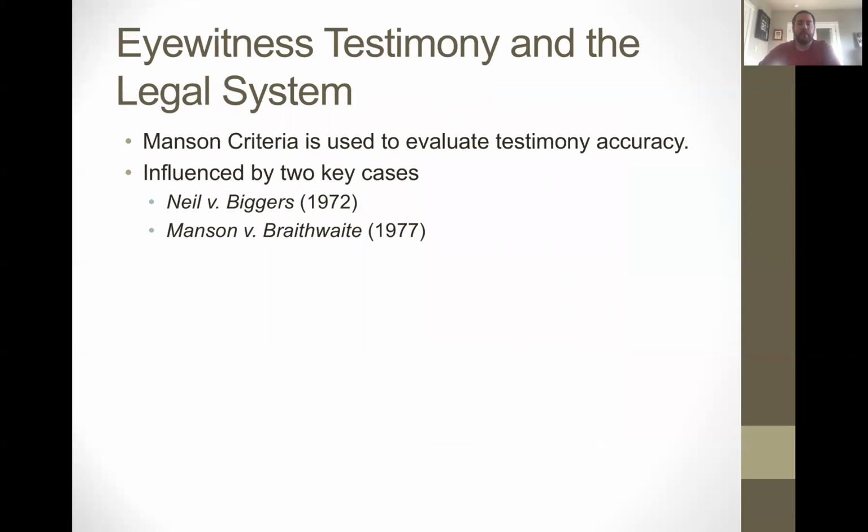So one of the ways to try to counteract wrongful eyewitness statements is something known as the Manson criteria. Now, this is not named after Charles. Typically, the only Manson people think of when we think of the legal system is Charles Manson. This is named after a different person who ultimately, through the case Manson v.